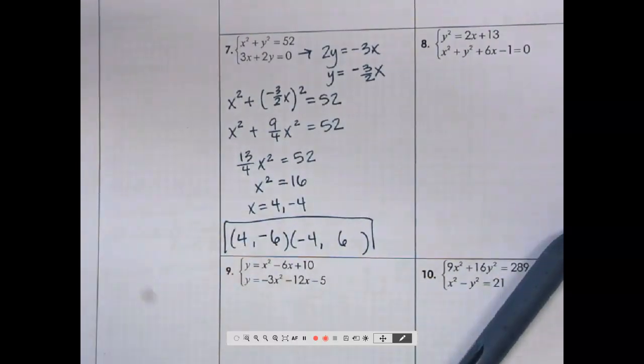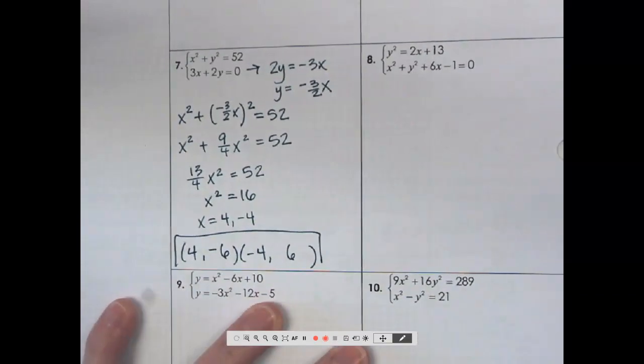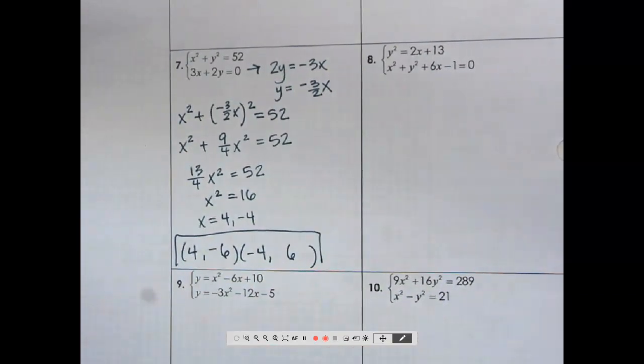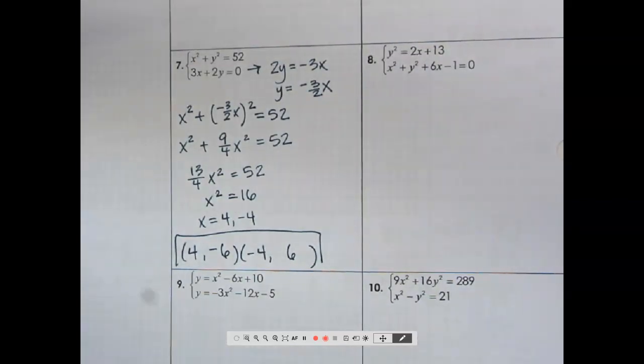Let's jump over to number 8. How would you solve that one? Let me ask this first, though. If I graphed them, what would they be? A parabola on the top one, and a circle on the bottom one. Yes.